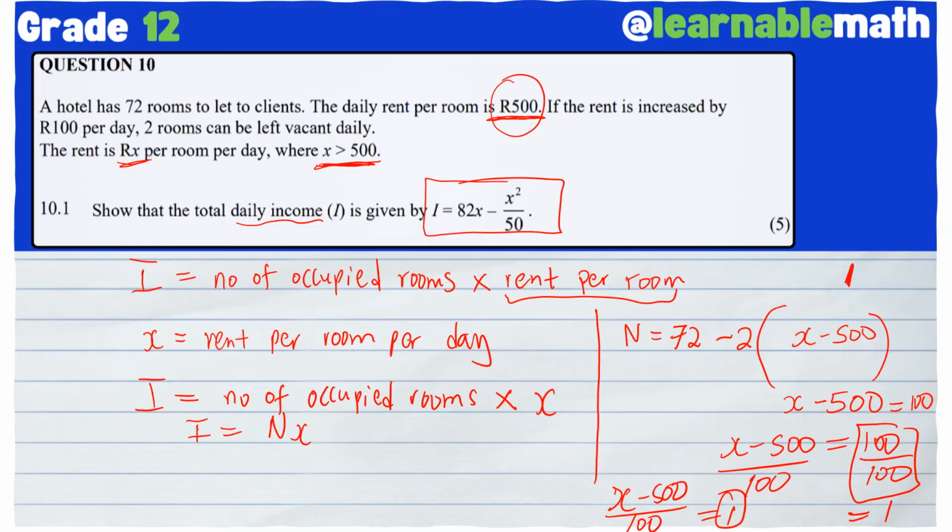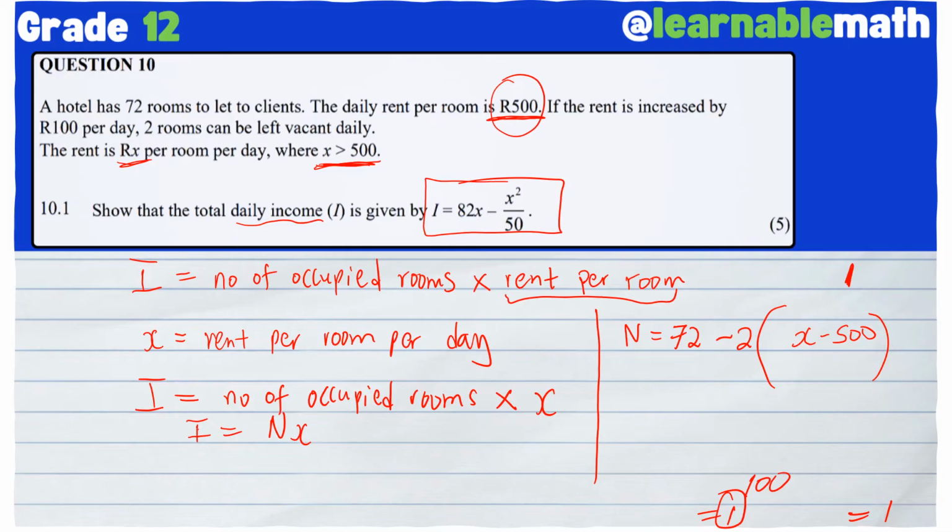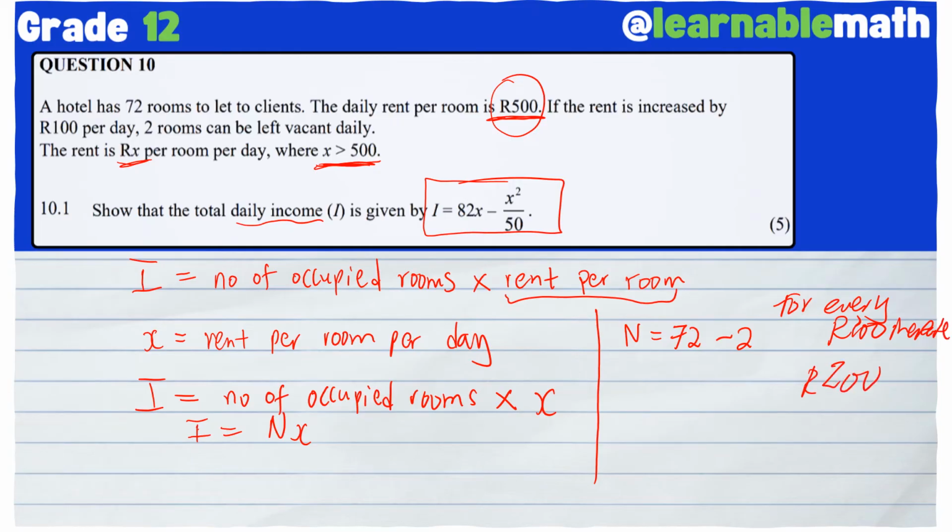It's a bit tricky. Okay, so we are saying, guys, that when the rent increases by 100 rand, 2 rooms will go away, right? So we know that the number of rooms occupied n is equal to 72 minus 2 for every 100 rand increase. Okay, if you increase by 200, obviously you subtract 72 minus 4.